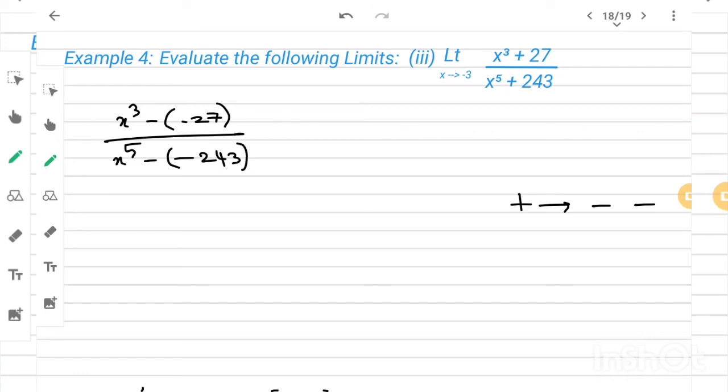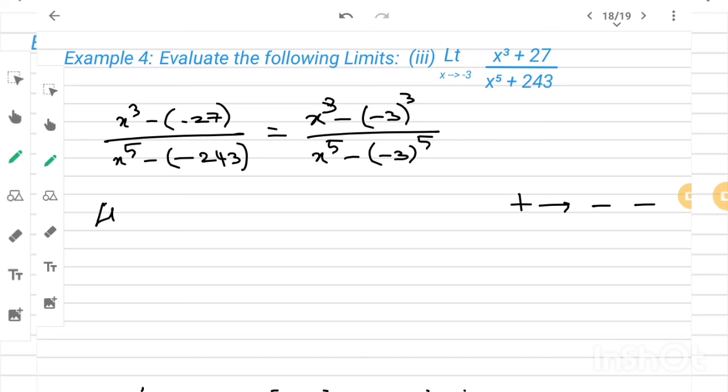And the next step, I am going to change x^3 minus, 27 can be written as (−3)^3, and in the denominator x^5 minus of minus 243 can be written as (−3)^5, and then the same number I am going to divide for the numerator as well as for the denominator, right? Shall I write it directly over there? Okay.